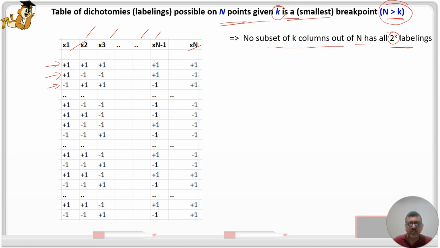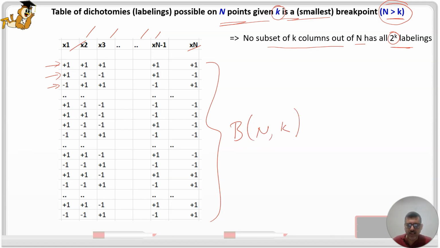That's not possible because k is a breakpoint, right? So let's keep that at the back of our minds. But what we have here is the table of dichotomies. The number of rows in this table is what we have been calling B of n comma k.